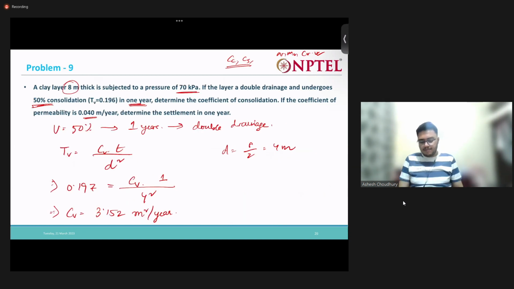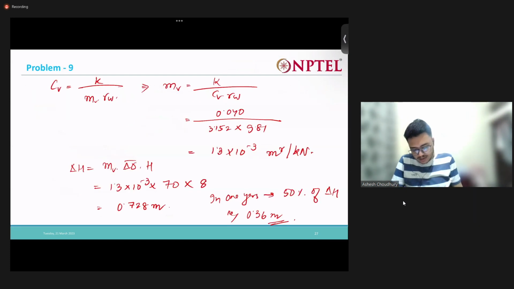So very simple problem. Every drainage condition is given, my degree of consolidation is given, my time is given. So using that, I found out the coefficient of consolidation Cv. Now using the coefficient of consolidation and my coefficient of permeability, I could determine the coefficient of volume compressibility, that is mv.